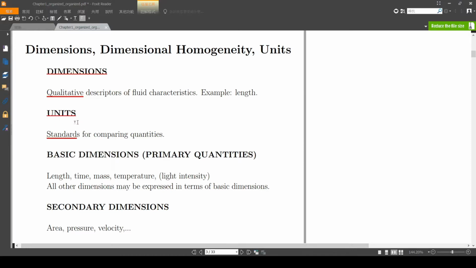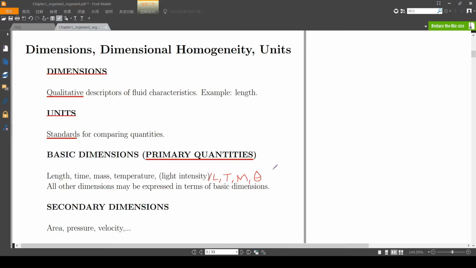The standard is the unit, which you also already know. The purpose of the unit is to compare the quantities. The primary quantities, also called the basic dimensions, that we want to introduce are the length L, the time T, the mass M, and the temperature theta.